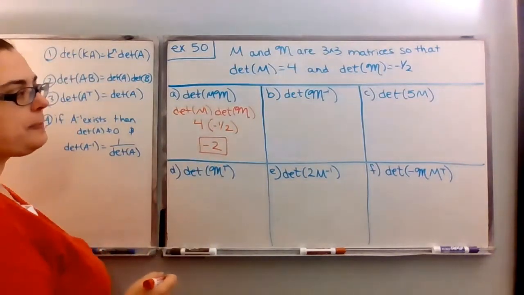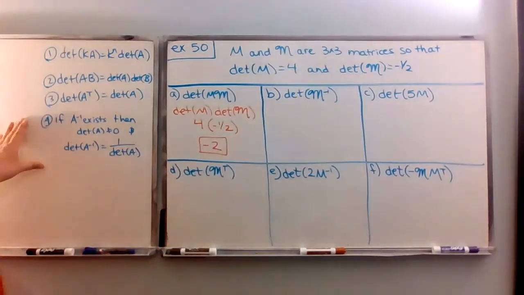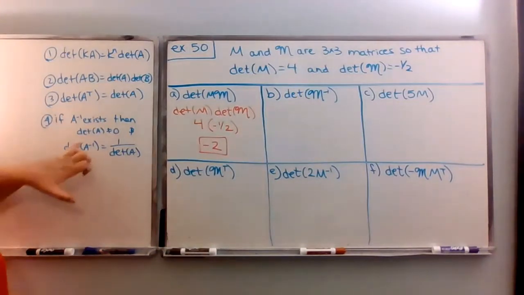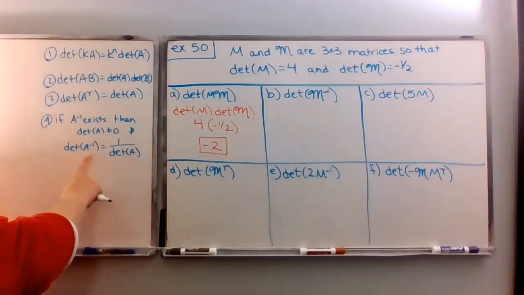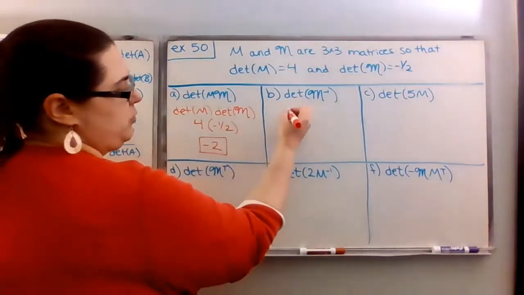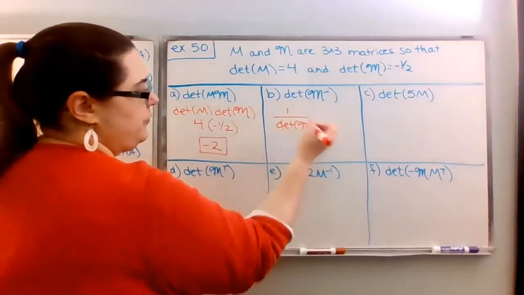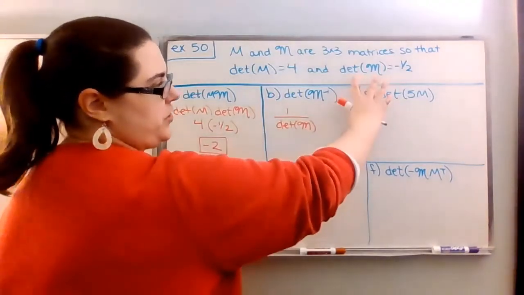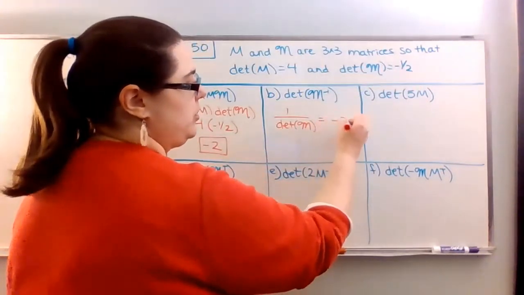There you go. For this next one, to determine the inverse, we're going to use property 4. The determinant is not 0, so we know it has an inverse. And the inverse's determinant is the reciprocal of the determinant of the matrix. So this is going to be 1 over the determinant of fancy M. Now, the determinant of fancy M is -1/2, so its reciprocal is -2.